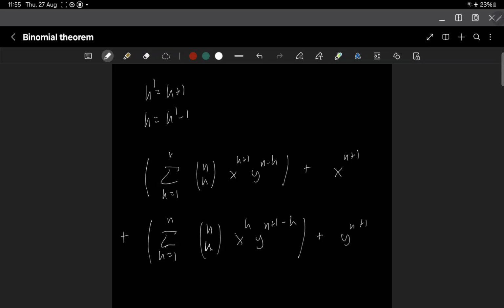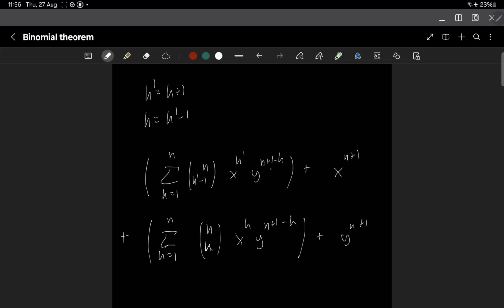So this is just n. And k is k prime minus 1. So in here I get k prime minus 1. And k plus 1 is k prime. And n minus k becomes n minus k minus 1, which is the same as n plus 1 minus k. N plus 1 minus k, right?